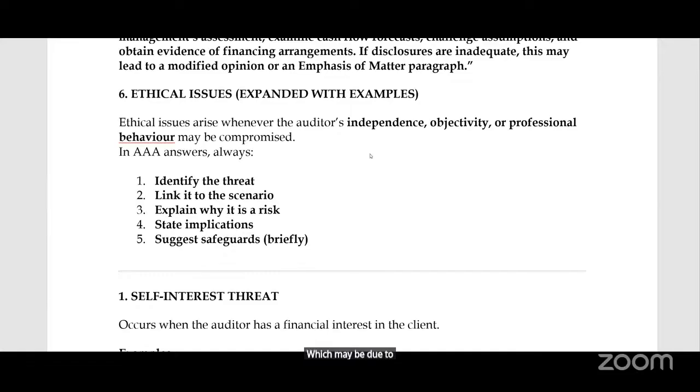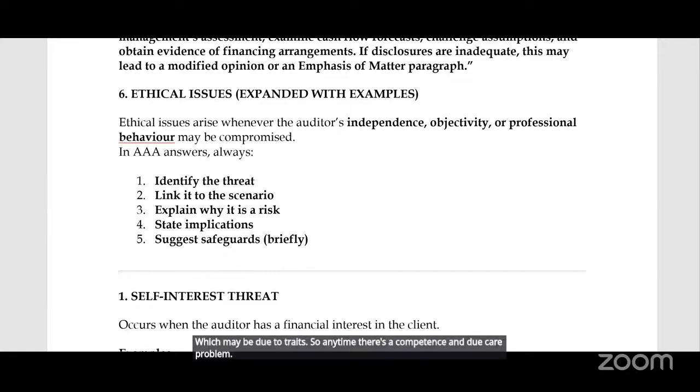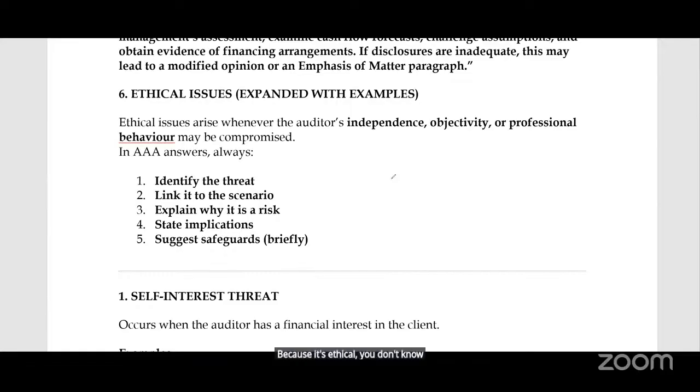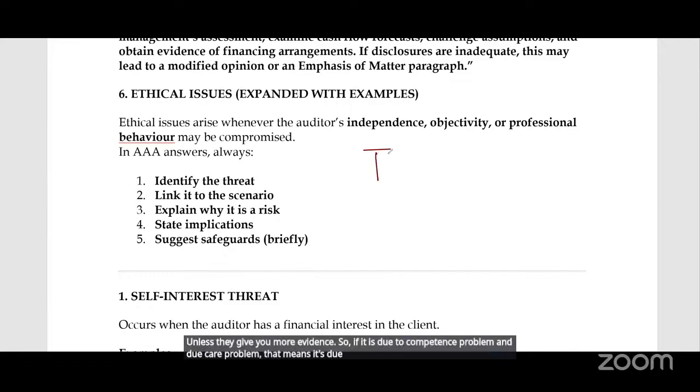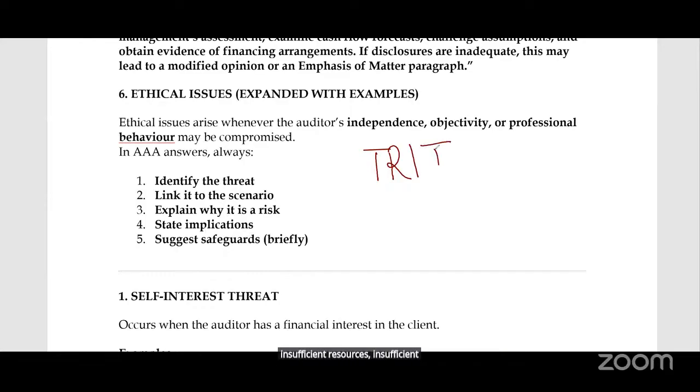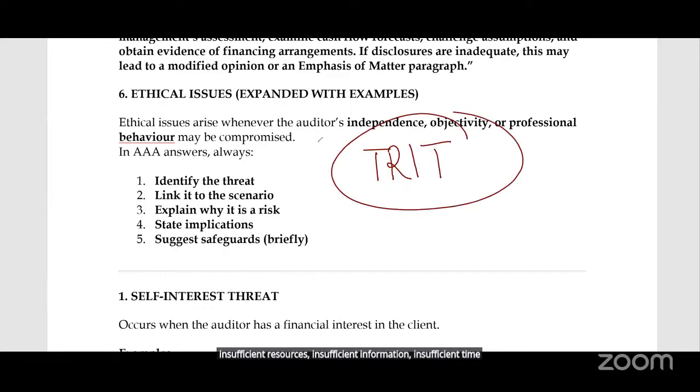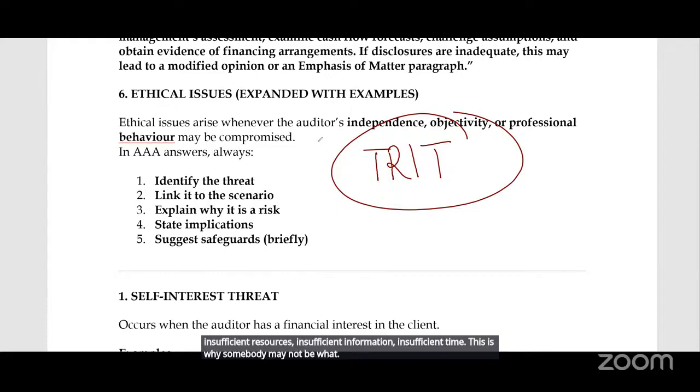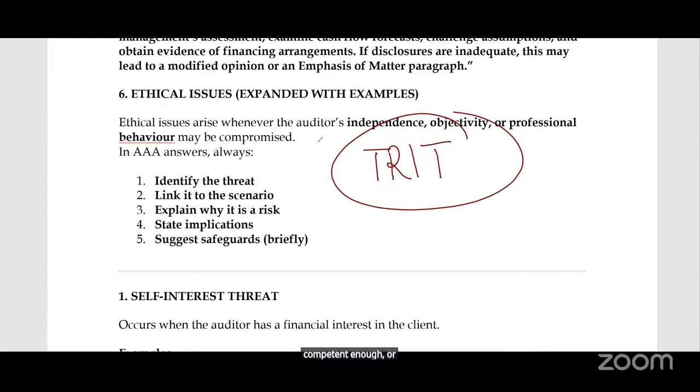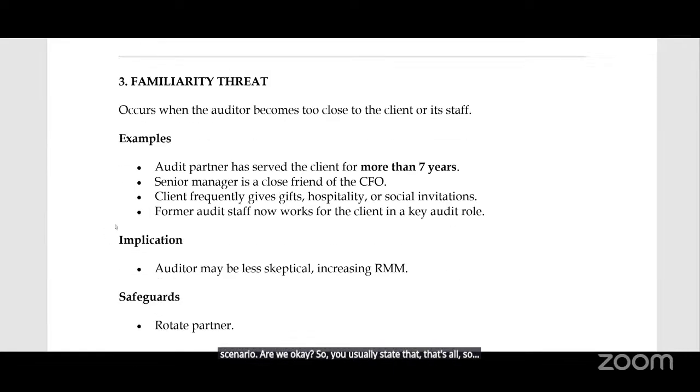So anytime there's a competence and due care problem, because it's ethical, you don't know why the person did it unless they give you more evidence. So if it is due to competence problem and due care problem, that means it's due to lack of training or insufficient training, insufficient resources, insufficient information, insufficient time. This is why somebody may not be competent enough or will not exercise reasonable skill and care in a particular scenario. Are we okay? So you usually state that.